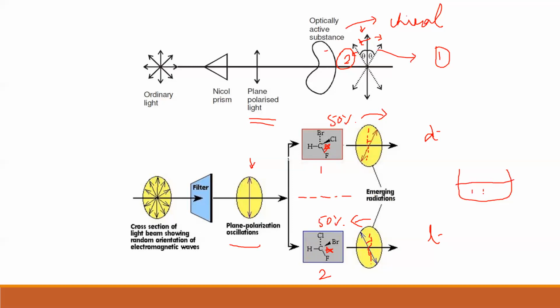I mix 1 and 2 in this beaker. So this is 1, this is 2. And how much am I mixing? Equal quantity. Same moles, say 10 moles of 1 and 10 moles of 2. I have a mixture. This mixture is what is called a racemic mixture. What is this mixture called? It is called a racemic mixture.